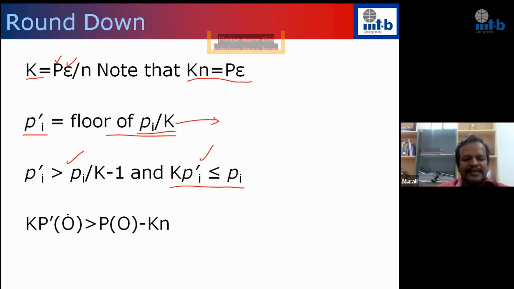So now let's say O is the optimum solution to the original problem, right? So O is the set of items that you pick in order to get the optimum value to the original problem. Well, there are two problems. One is the rounded down version of the problem. The other one is the original problem. What we want to solve is the original problem, not the rounded down. We are doing the rounding so that it becomes easier for us to solve the rounded down version.